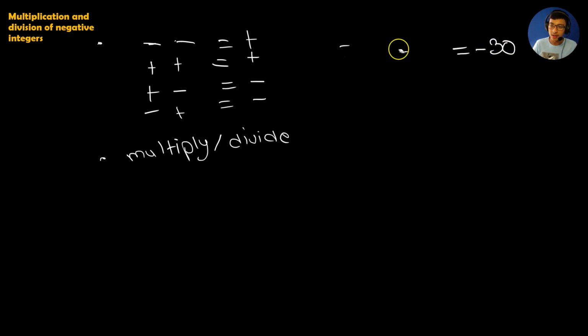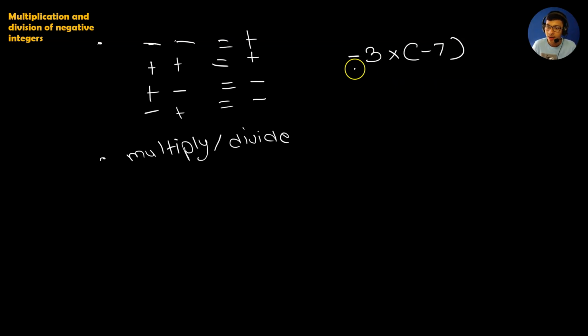Let's try another one. The next one is negative 3 times negative 7. Remember, we look at our signs here.